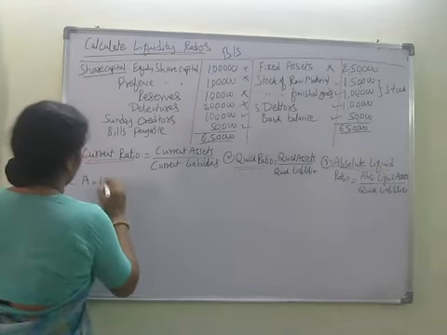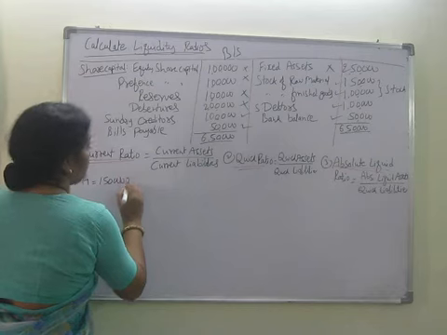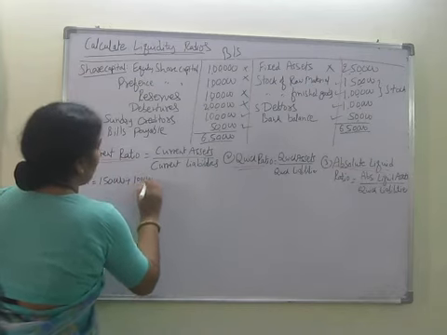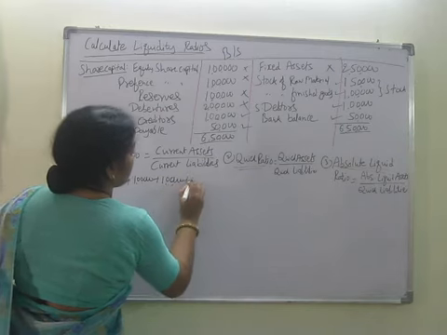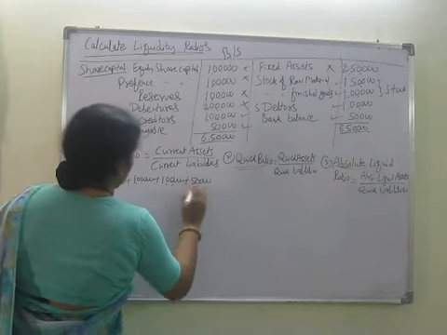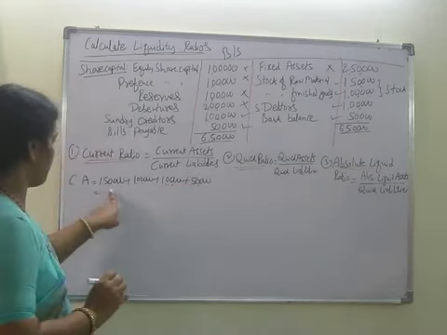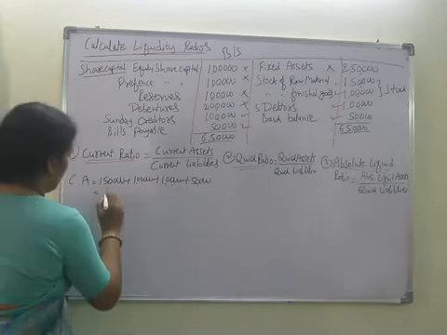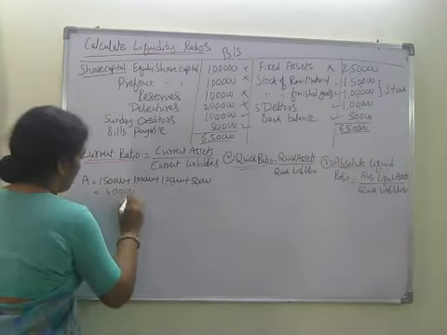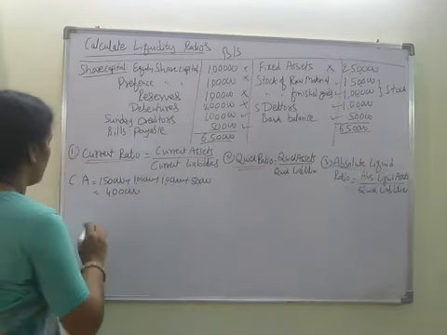1,50,000 plus 1 lakh plus 1 lakh plus 50,000. So the total comes to 1,50,000, 2,50,000, 3,50,000 and 4 lakh. Current assets are 4 lakh. Now current liabilities.